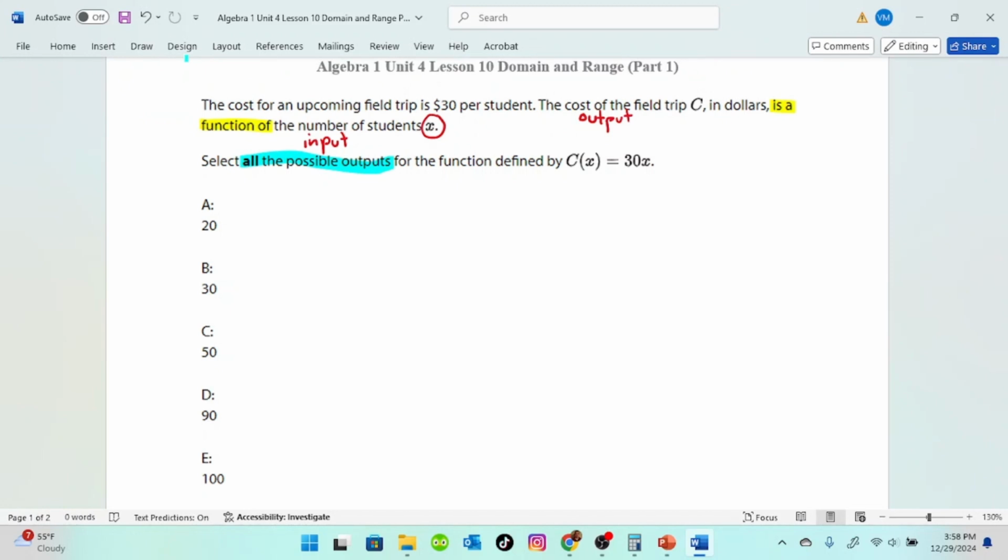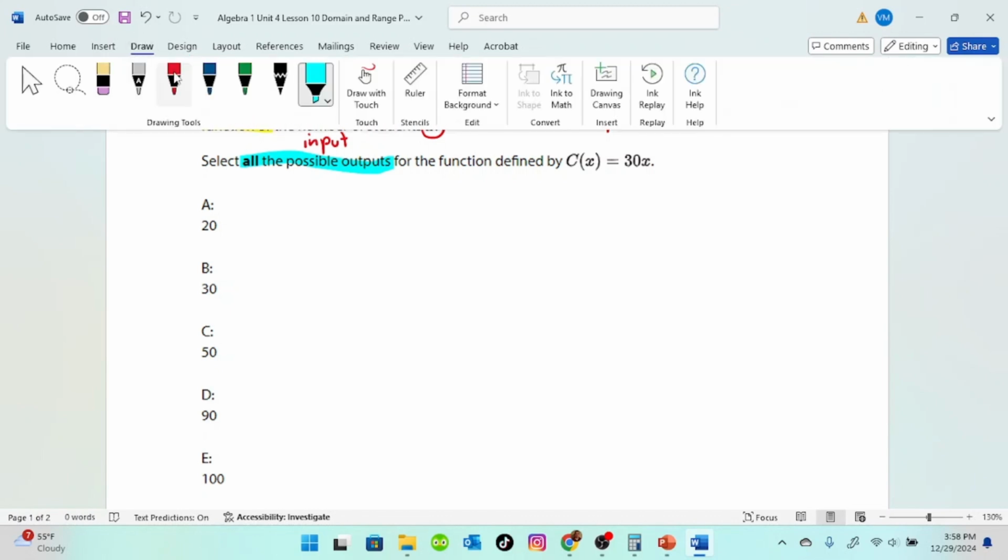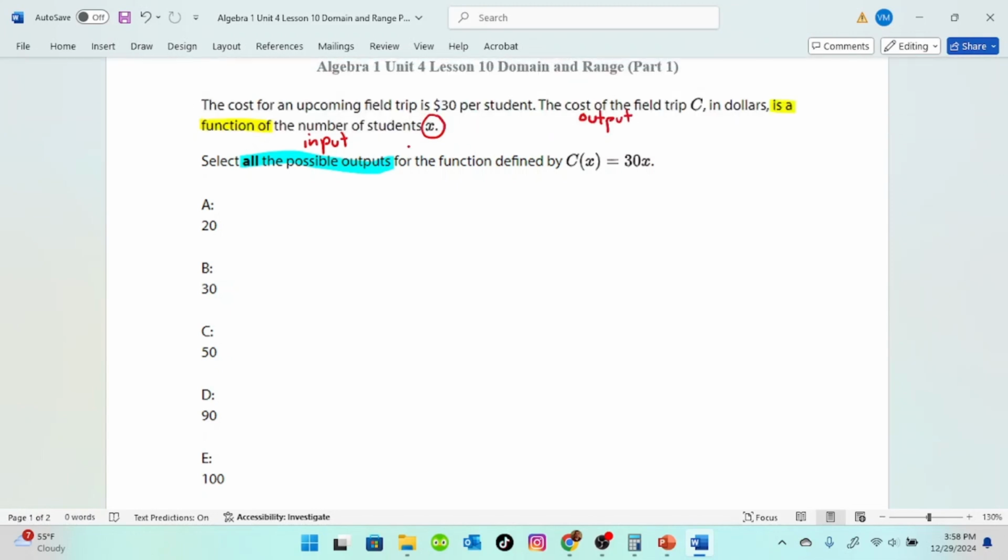Now you have to think, what type of numbers could be the inputs? Well, I know that my input is number of students. So I could not have negative students. I could not have 0 students, or there would not be a field trip.